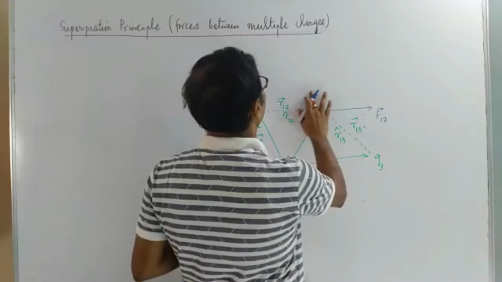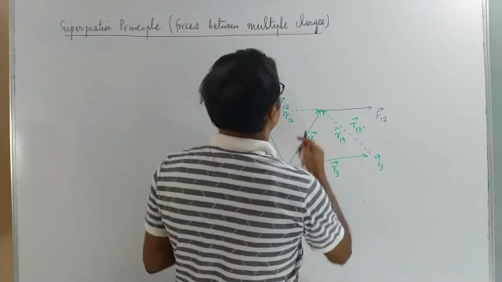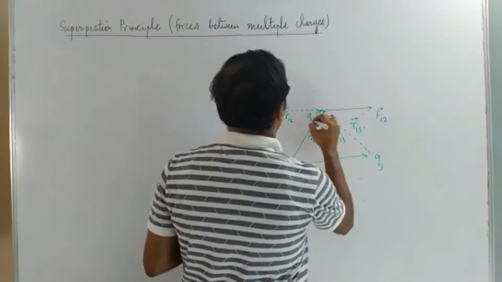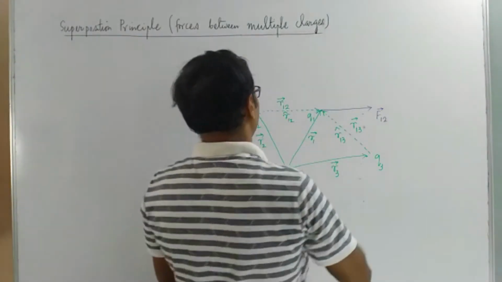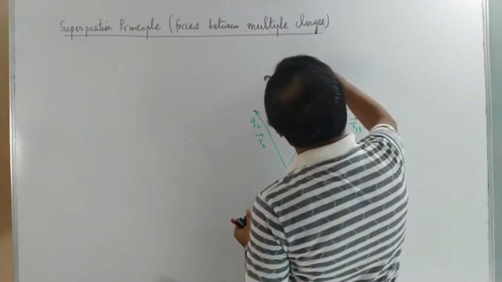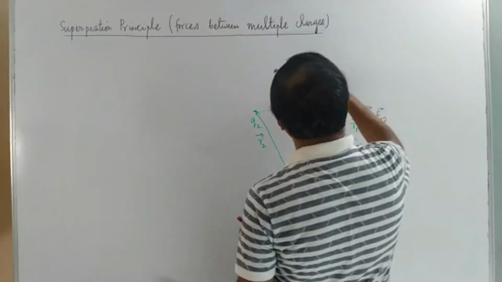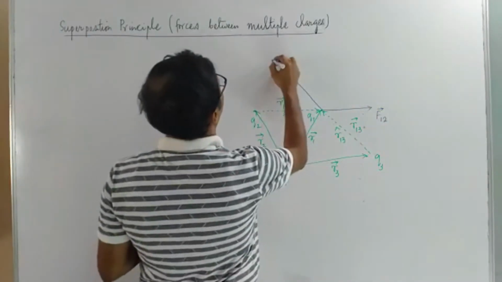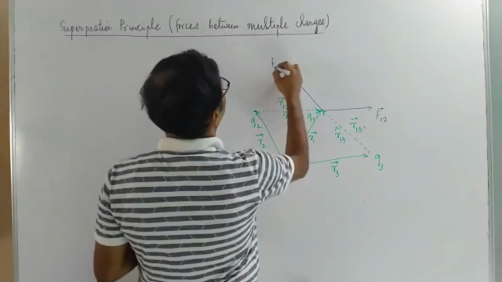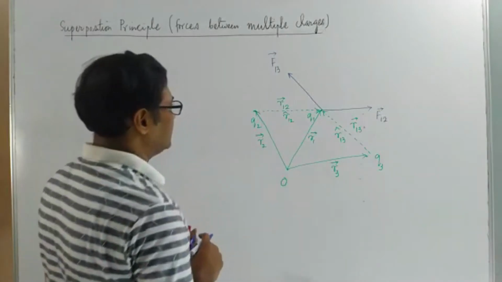Similarly, if we consider the force on Q1 due to Q3, again it will be acting in the outward direction. And the corresponding force is now represented as F13.